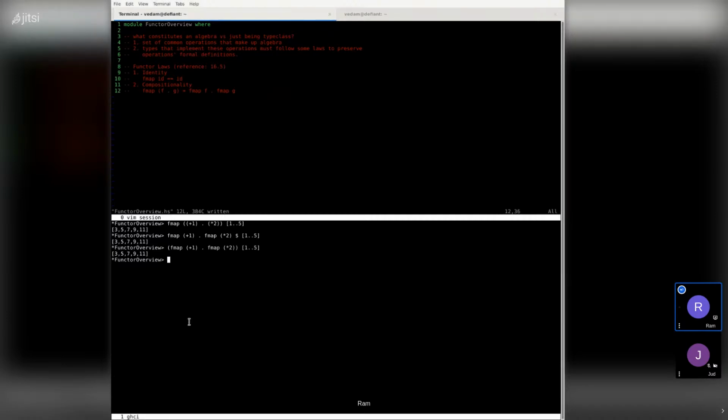This is one of those first things people run into. When I first was looking at functors, I thought it would just do things on its own, and now I realized that as the type designer, I have to make sure that these laws, like identity, are preserved. That's my responsibility. The type checker can't do that for me. It's not smart enough.